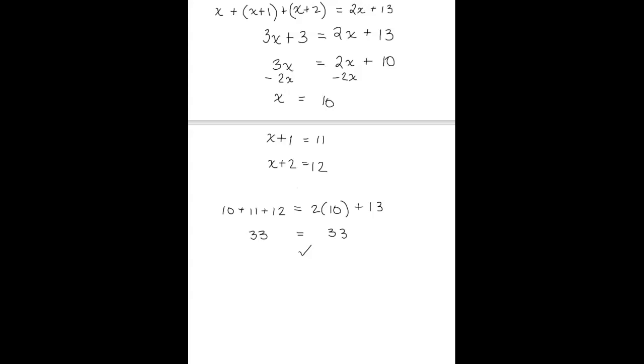So in this case, I would have said x plus x plus 1 plus x plus 2 minus 13, because this is 13 more than 2 times x. That is another way you could have set this up, and you would have gotten to the exact same answer.